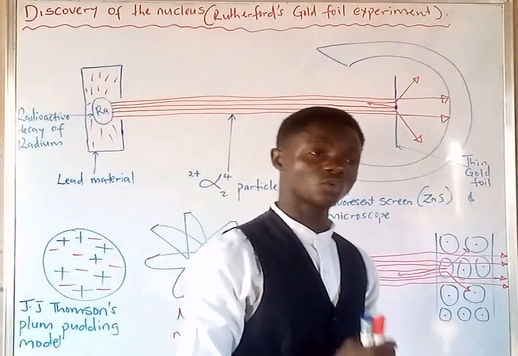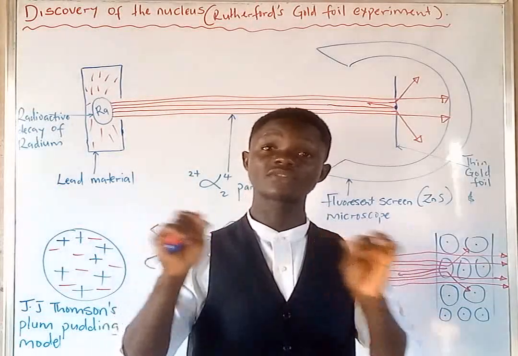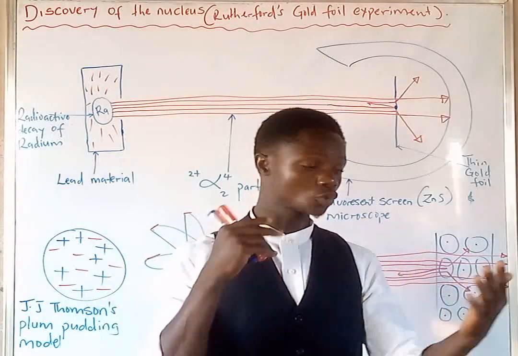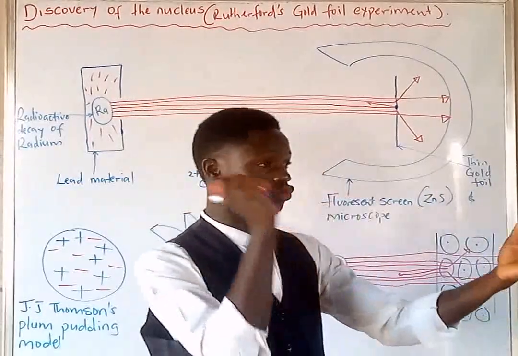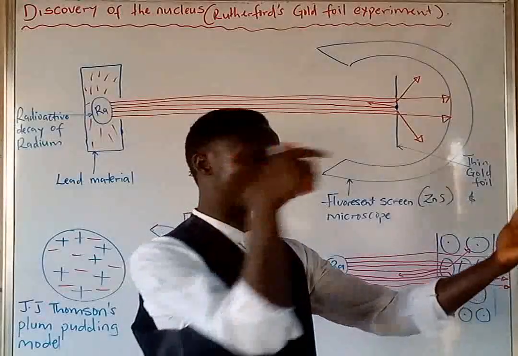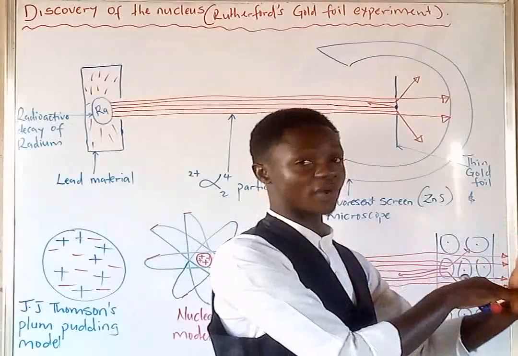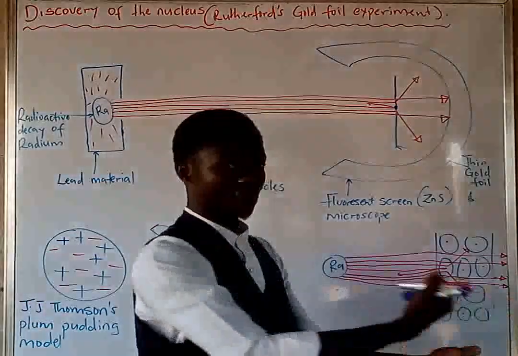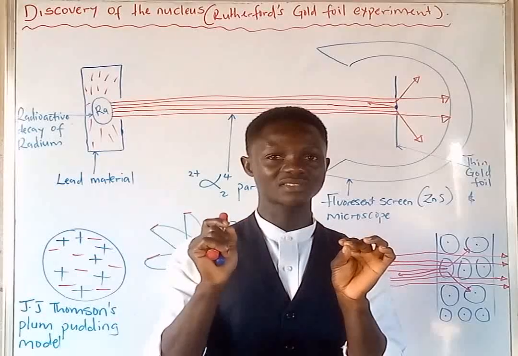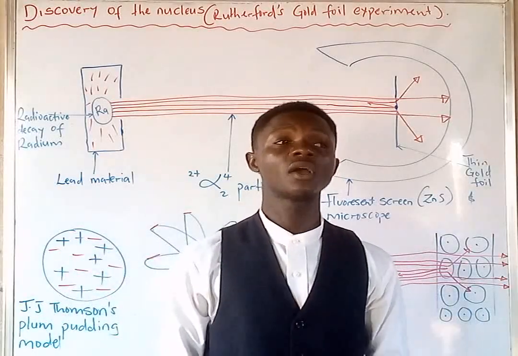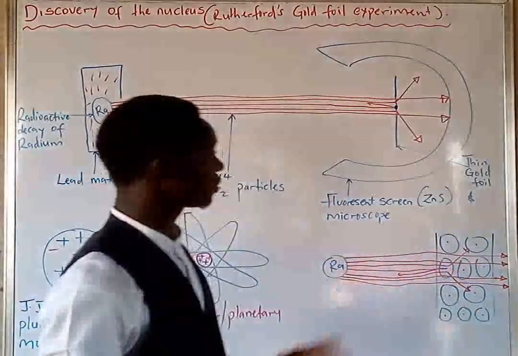Now, Rutherford viewed it like he was just seeing it like using a 15 inches substance to throw at a tissue paper. Then it hit the tissue paper and bounced back to you. So just imagine this. It's just like an impossible something. But that was what Rutherford observed, which made him to come up with so many conclusions.